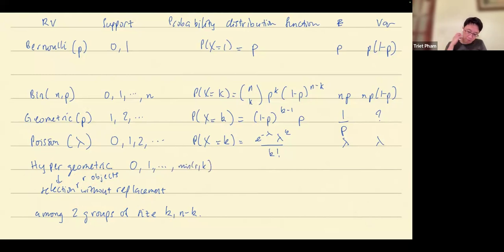For example, if you have only 5 blue balls, but you select 6 objects total, then clearly the maximum number of blue balls you can get in your selection is only 5. On the other hand, if you have 5 blue balls and you only select 3 objects out of the whole thing, then the maximum number of blue balls is 3. Things like that.